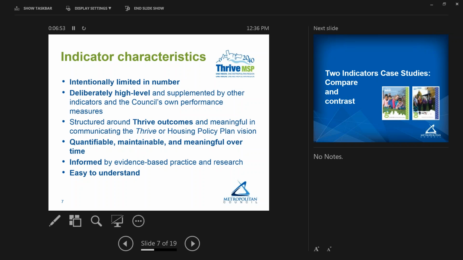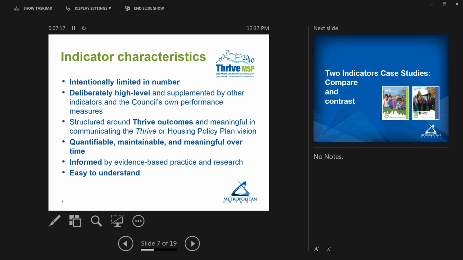So both Thrive itself and the Housing Policy Plan are structured around a series of outcomes, and within that, specific strategies or policies. So the indicators are structured around those, so it's clear what's being measured and how it lines up with the plans and the policies and the specific commitments and aspirations.